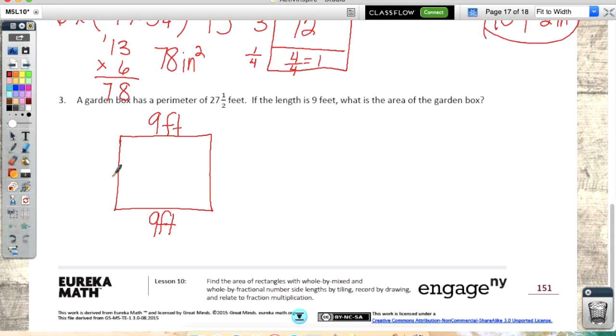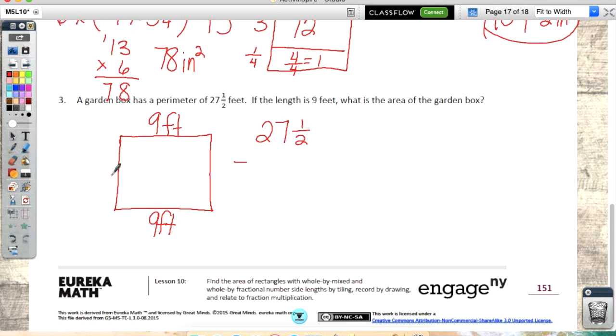Okay, what's my perimeter? 27 and a half. Perimeter is the distance around. So if I have 18 feet that I know about, I got to figure out the rest of it.